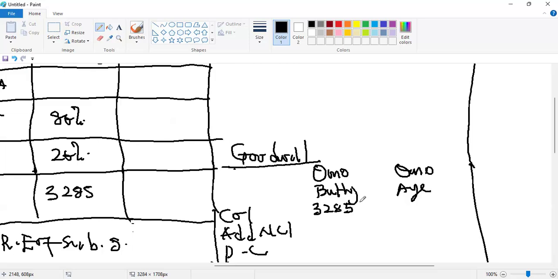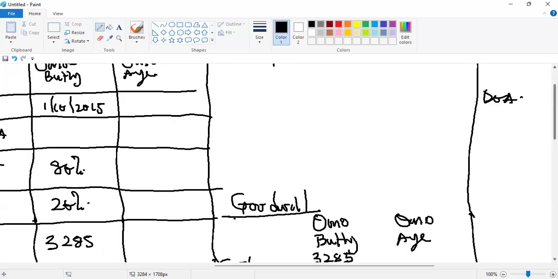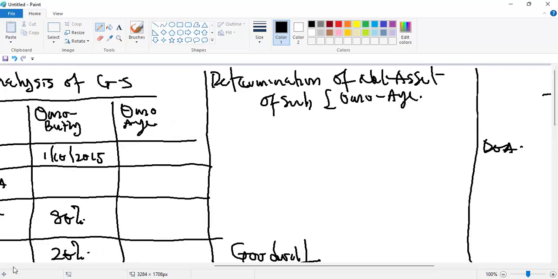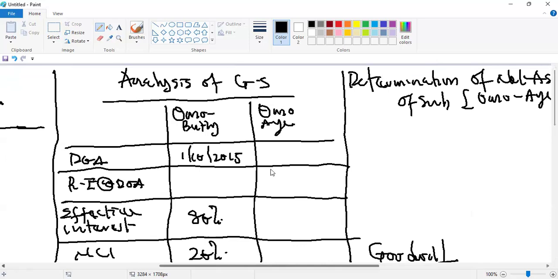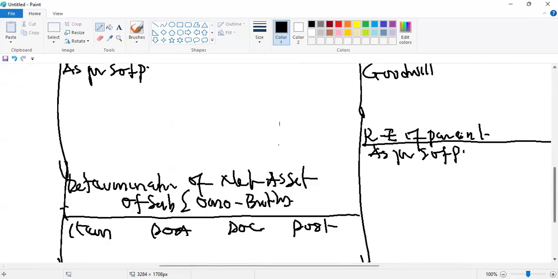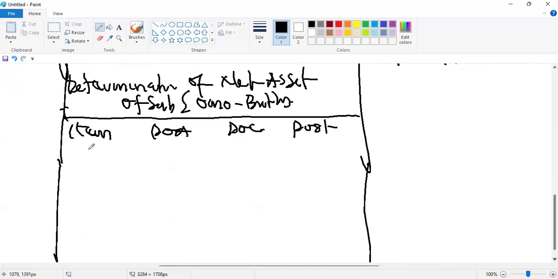At the date of acquisition, the retained earnings of Omope Limited stood at 1,650. He has given me retained earnings at the date of acquisition, 1,650. Don't forget retained earnings is part of the net assets. I can quickly post that to the net assets. What is the share capital in the subsidiary Omope?